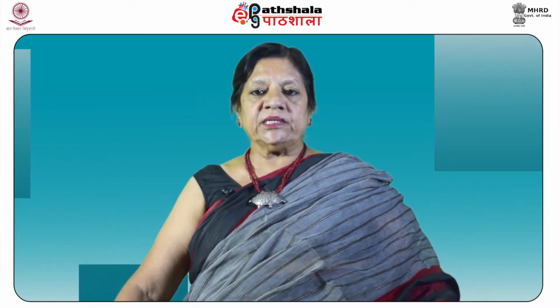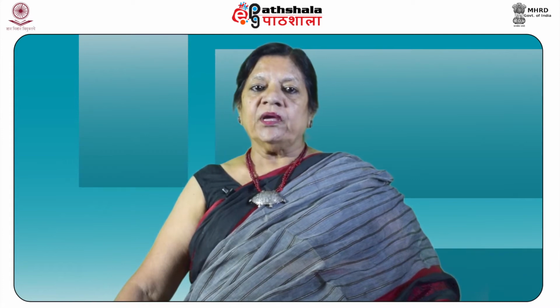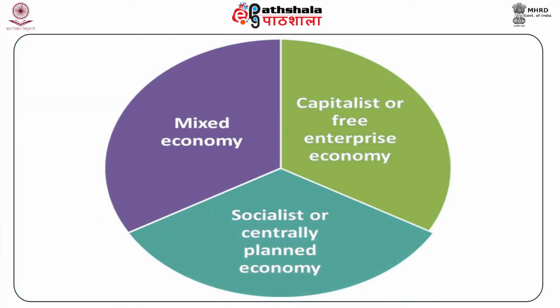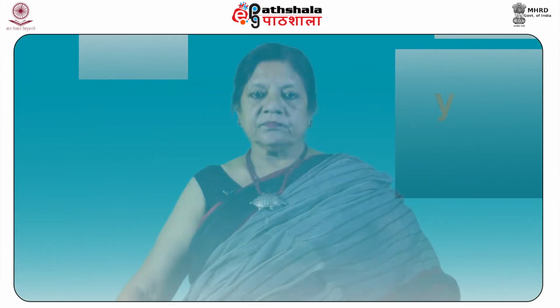Based on the criteria of degree of individual freedom and profit motive, economies are as follows: A. Capitalistic or free enterprise economy. B. Socialist or centrally planned economy. C. Mixed economy.